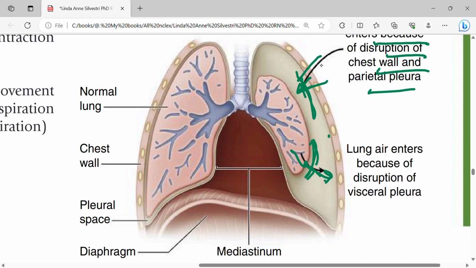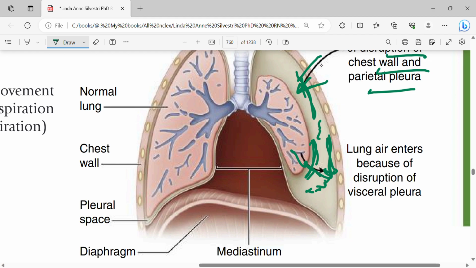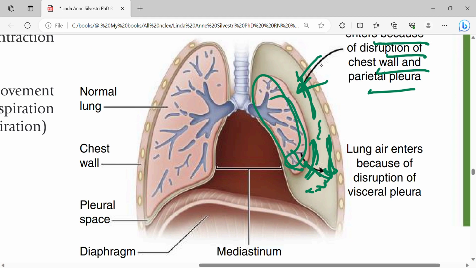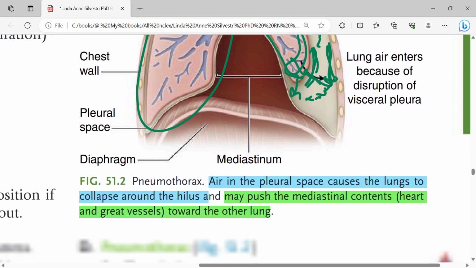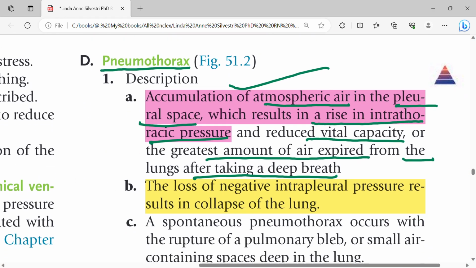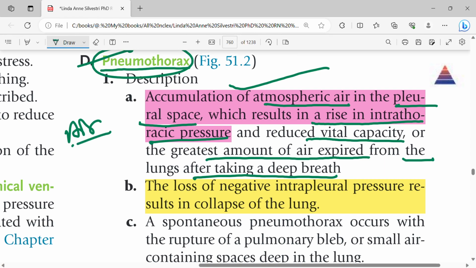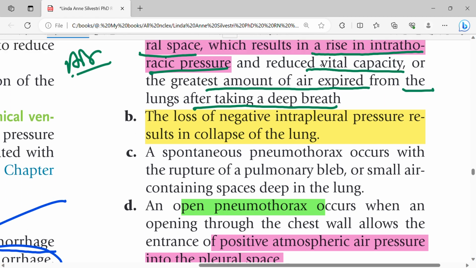The space will be filled with air and the lung will collapse like this. This is the normal lung, and this lung has collapsed. This is called pneumothorax. Pneumothorax means air entry into the pleural space.